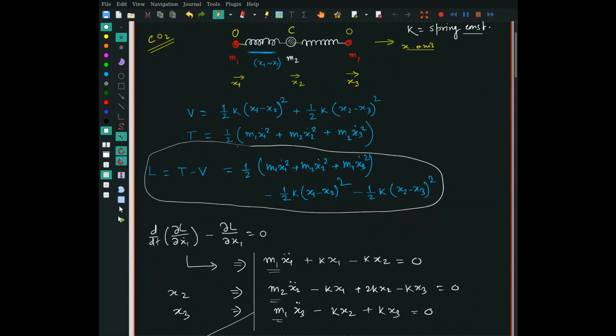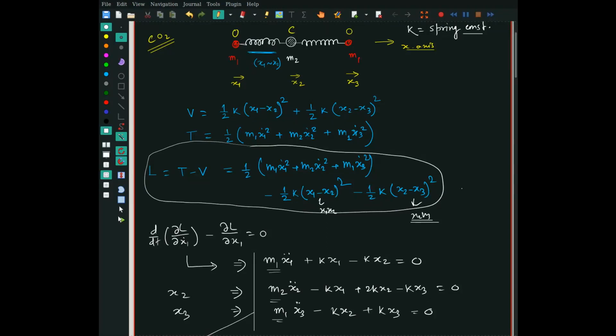Now, if I ask you to solve the Schrodinger equation in terms of x1, x2, and x3, it would be complicated because there will be cross terms like x1 times x2, and here cross terms like x2, x3. You do not know how to solve the quantum mechanics with this kind of coordinates. This is very complicated.